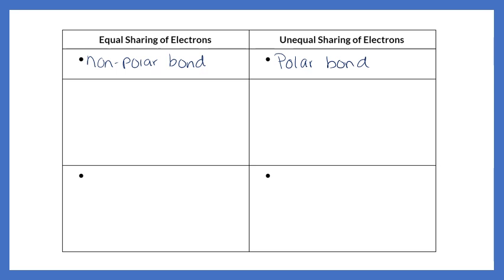So to draw a non-polar bond, we have two atoms. All right. And inside we've got our protons. Okay, that's the inside, those are the nuclei.